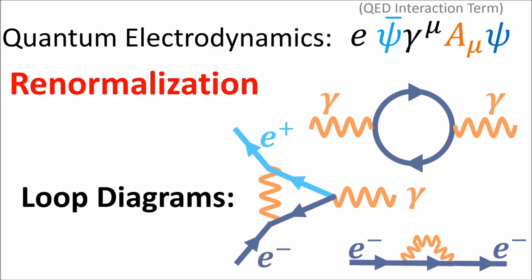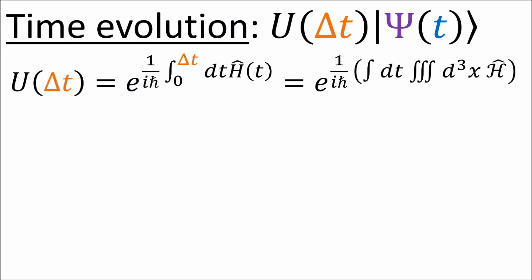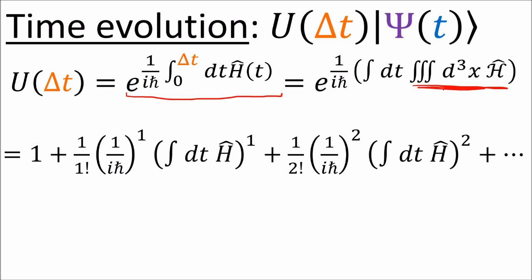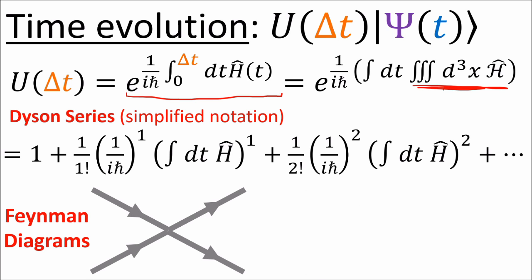These Feynman diagrams come from using the time evolution operator on a quantum state. We can write the time evolution operator as the exponential of the Hamiltonian operator, and the Hamiltonian operator can be written as the integral over the Hamiltonian density operator for a given quantum field theory. When this exponential is expanded as a Taylor series, we call it a Dyson series, and the various integrals in this series correspond to Feynman diagrams.